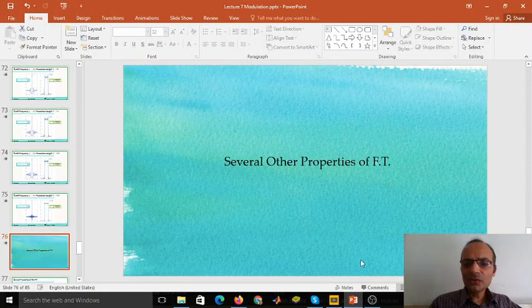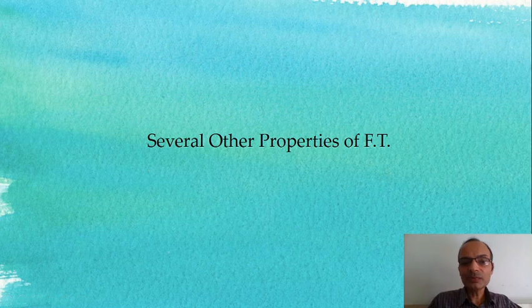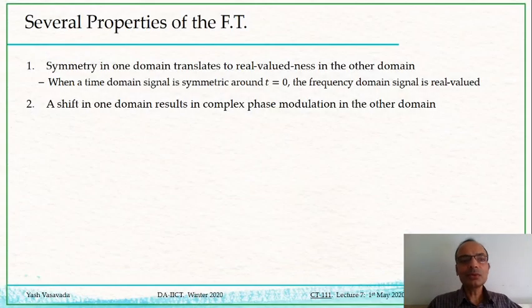Before we conclude this entire topic, let us consider a few other properties of the Fourier transform. There is one very subtle, very elegant property, which we haven't spent a whole lot of time on.